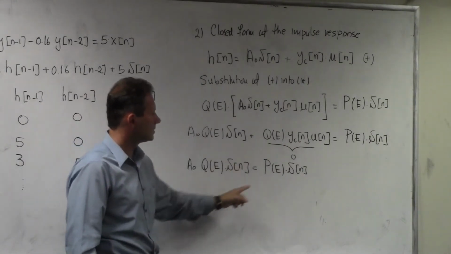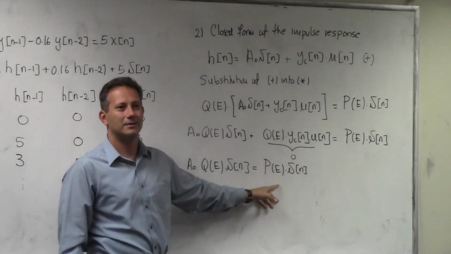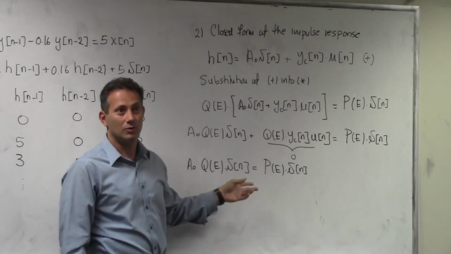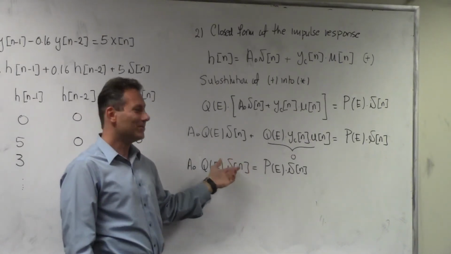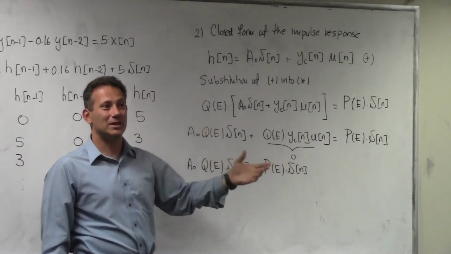Why can't you just cancel it? Can we do that? Can we cancel delta of n on both sides? Then we won't have any equation. Yeah, but that's not the reason. We wouldn't have any equation if I just erase this too, right? But it makes no sense to do that.